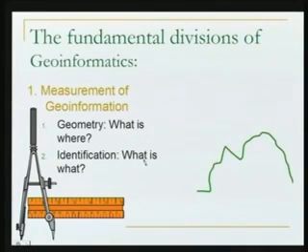Well, let us take this is the terrain or the ground, and on that ground there is a certain object. Now this is the geoinformation here. This object is the geoinformation. Now we want to measure this geoinformation. What is the meaning of that?